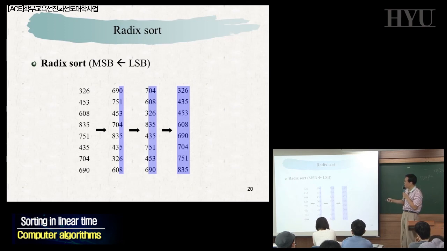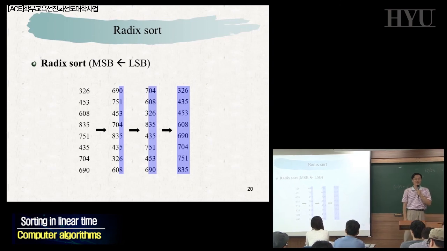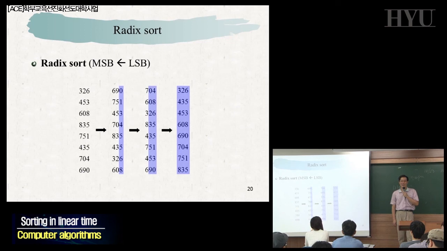And then look at the second digit. And finally, we move to the first digit, and then sorting is completed. And the algorithm is very simple, but it looks quite strange, right? Looks strange. Why?